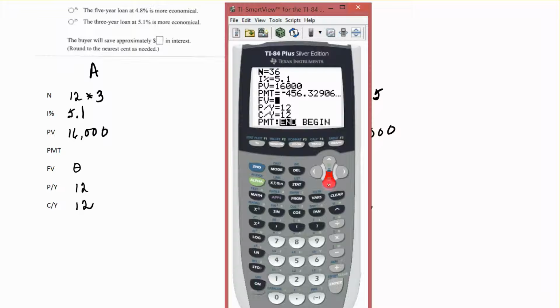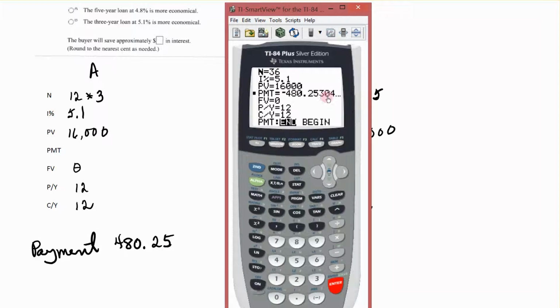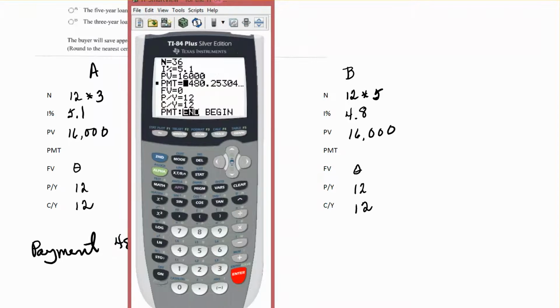Future value 0, 12, 12. All right, go back up to the payment, alpha, enter. The payment is $480.25. Double check that. $480.25.